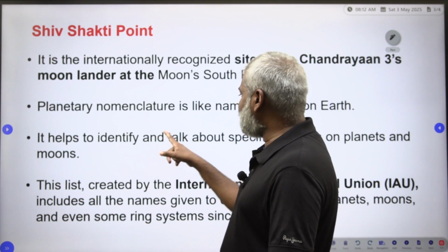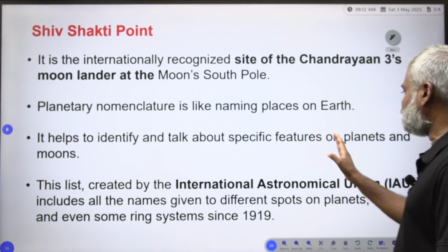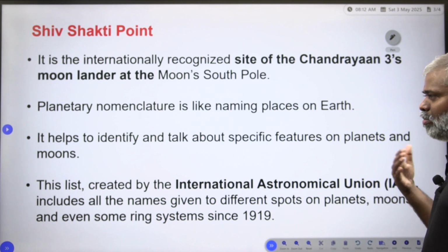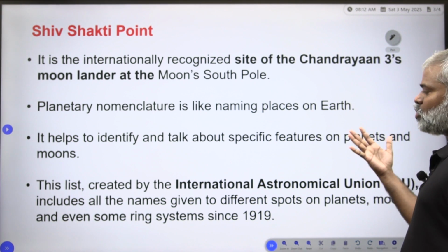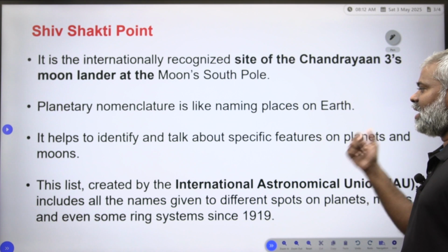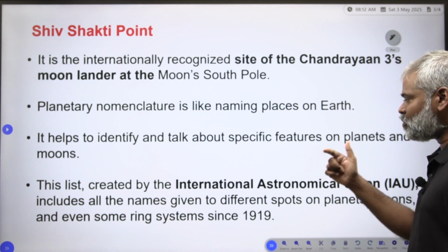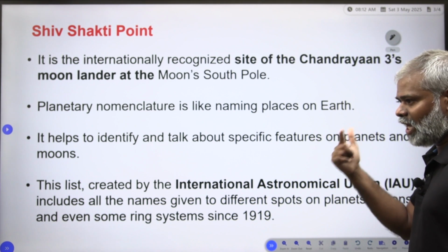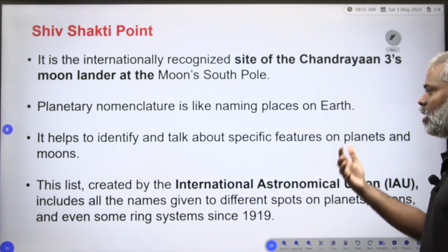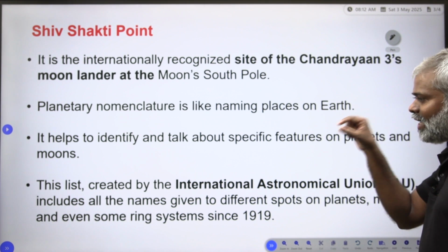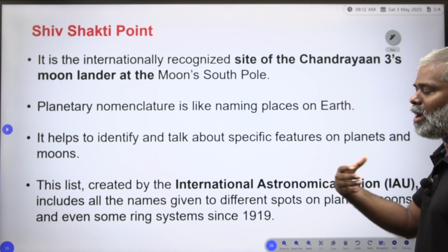It helps to identify and talk about specific features on planets and moons, so we need to identify particular points and give them a nomenclature.